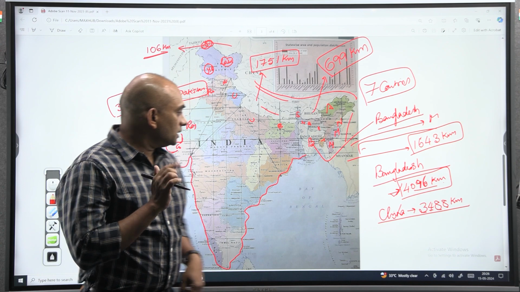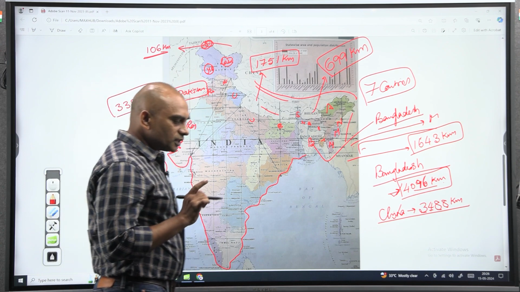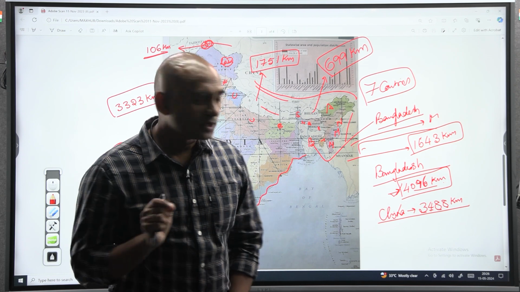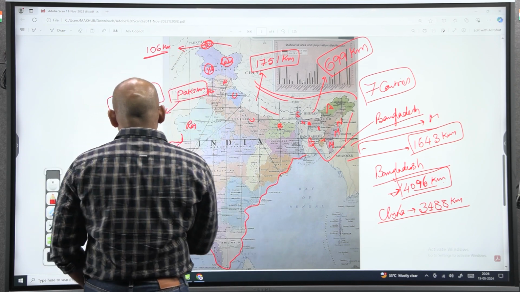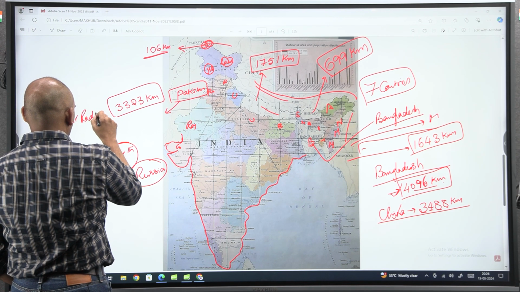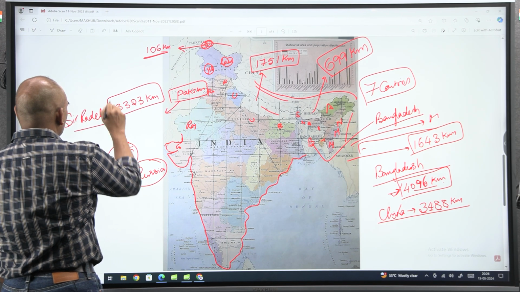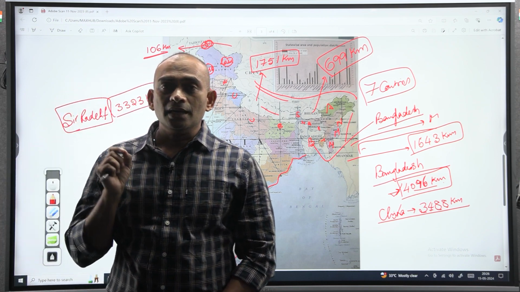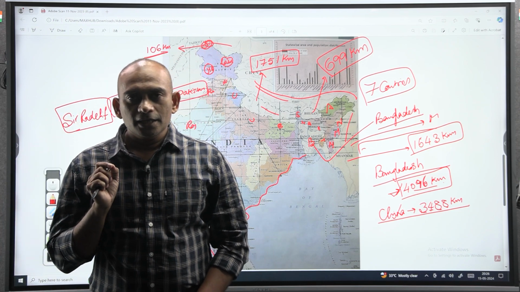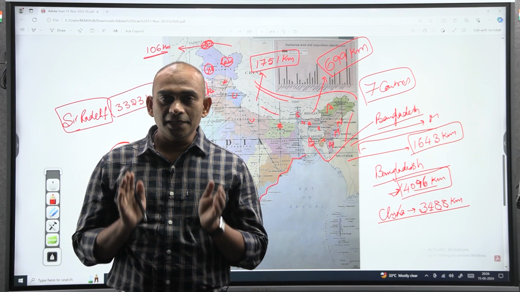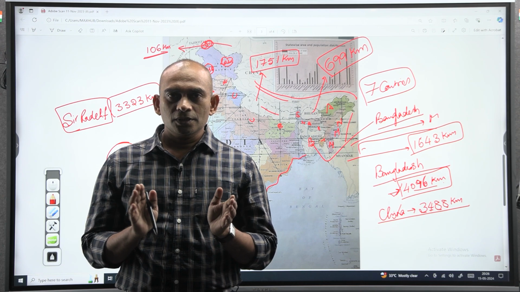So the border area between India and these two parts of Pakistan was decided by Sir Cyril Radcliffe, and he had never even visited India.